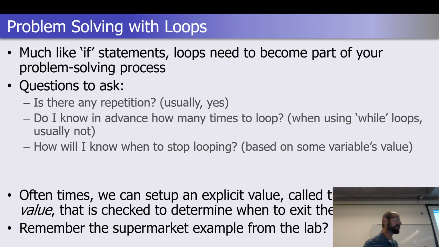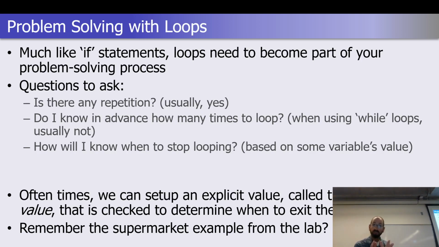And then the third question you always have to ask is, how will I know when to stop looping? I know I need to loop. I'm not necessarily sure how many times I need to loop, so I'm going to use a while loop, but I need to have some way of determining when I'm going to be stopping. When is the appropriate time to stop looping?